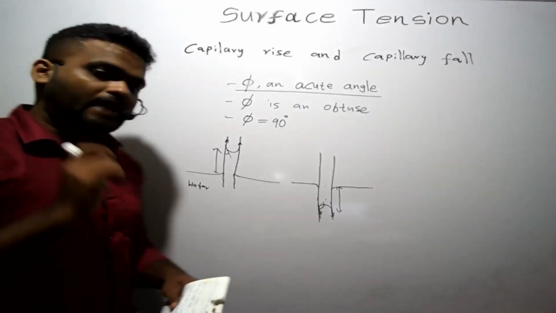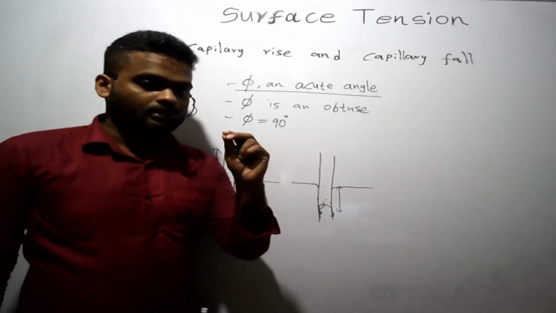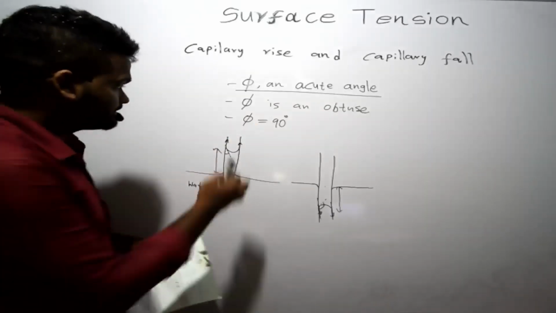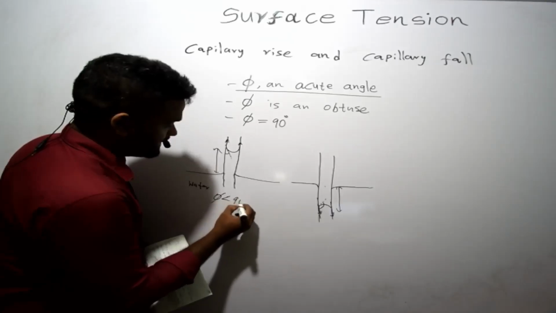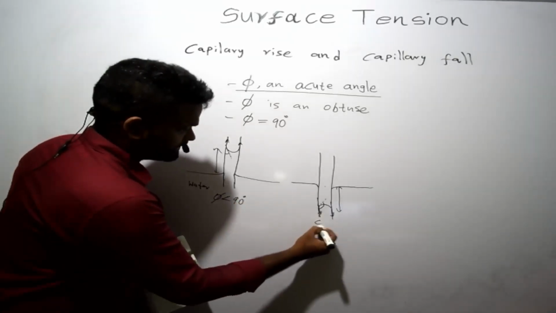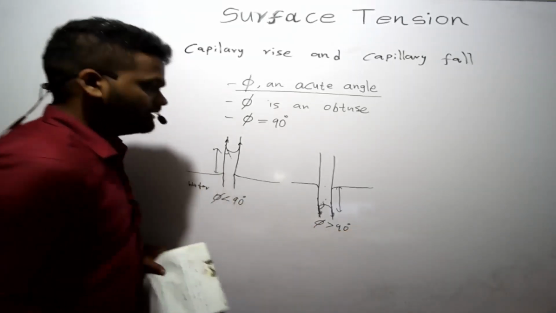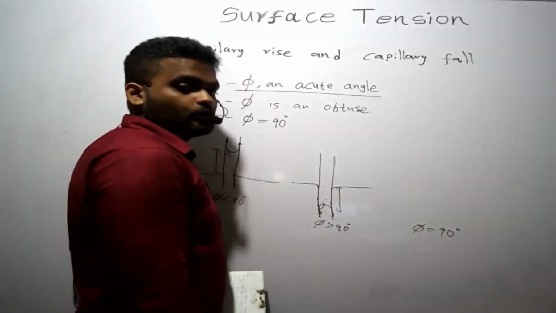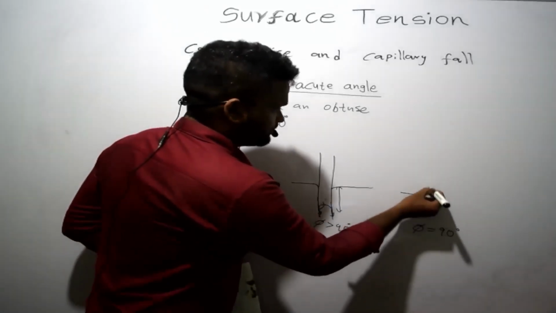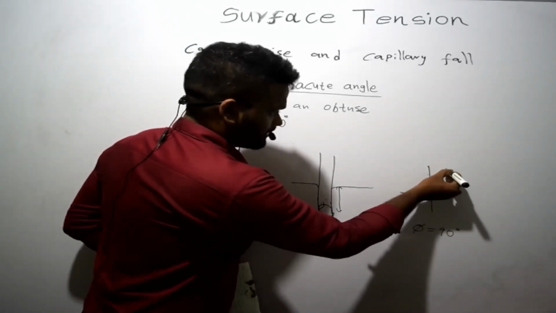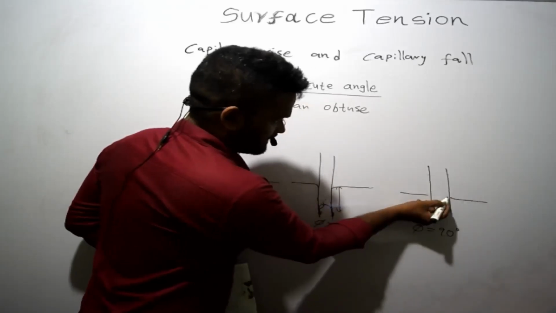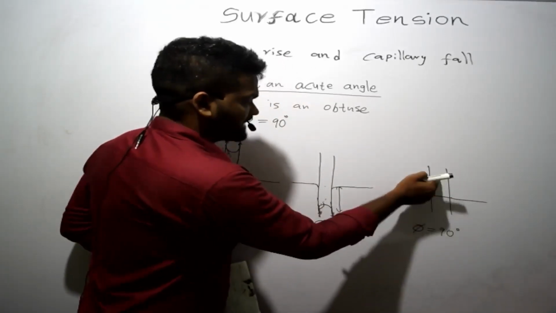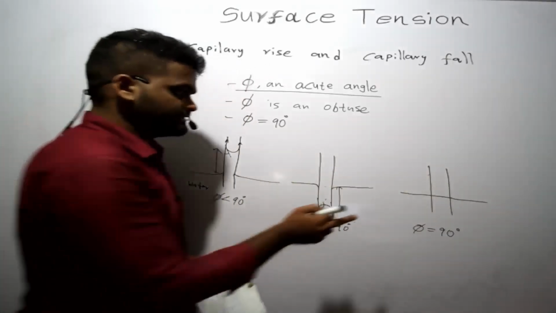Let's say you have a liquid whose contact angle is 90 degrees. Here the contact angle is less than 90, here more than 90. Now what happens with a 90-degree contact angle? The liquid level will be flat inside, so there is neither capillary rise nor fall in that case.